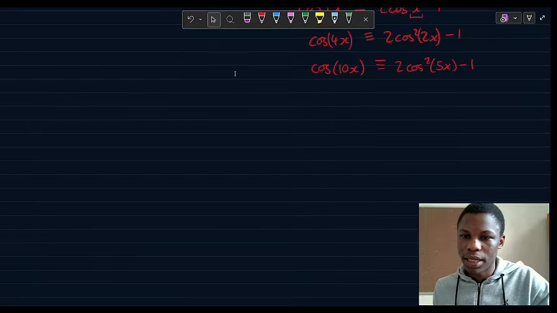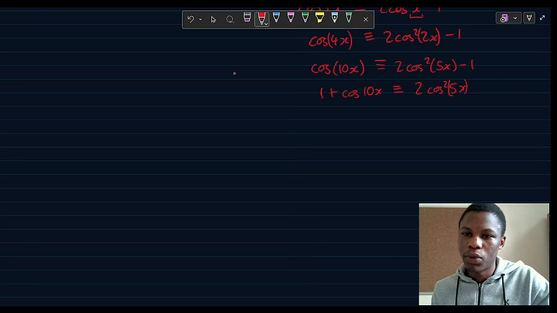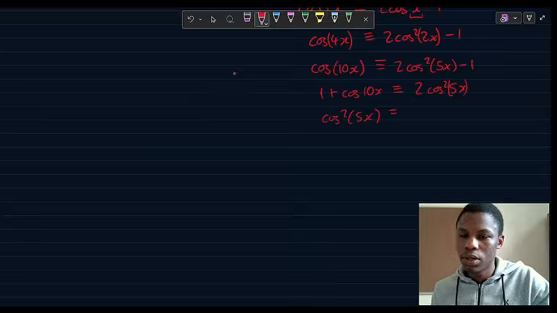So let's make cos squared 5x subject of the formula. So that's going to be 1 plus cos 10x is identical to your 2 cos squared 5x. Divide both sides by 2, you get that cos squared of 5x is equal to 1/2 times (1 plus cos 10x).